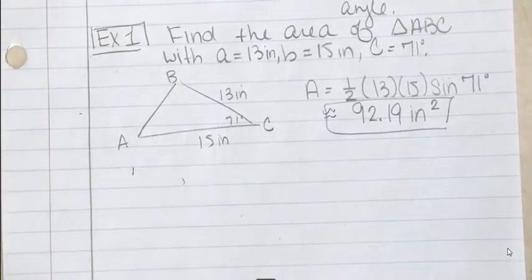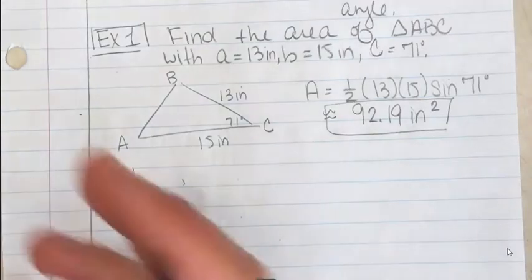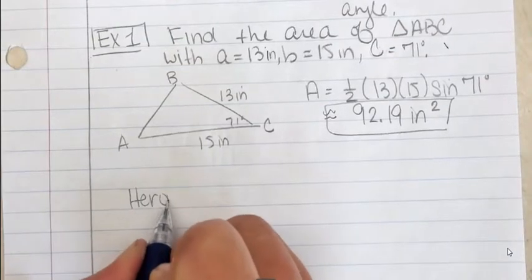Okay, so what if you're not just given side, angle, side? Well, if you're just given three sides, then you have a formula called Heron's formula. So let's do Heron's formula.